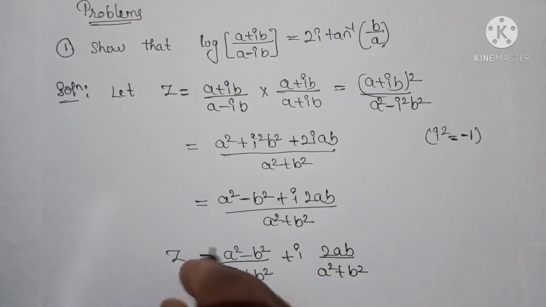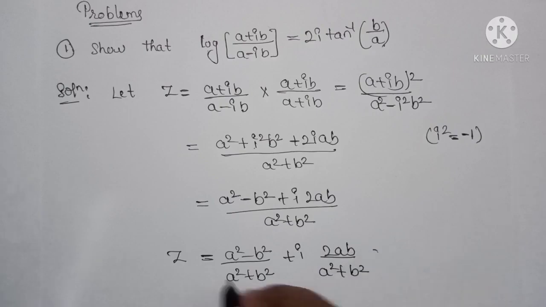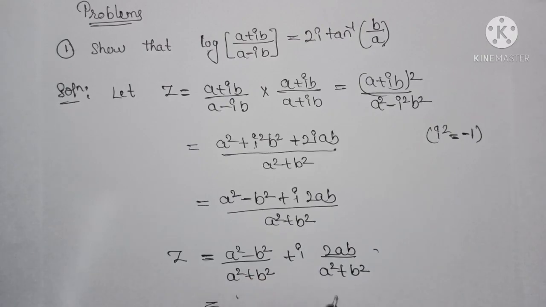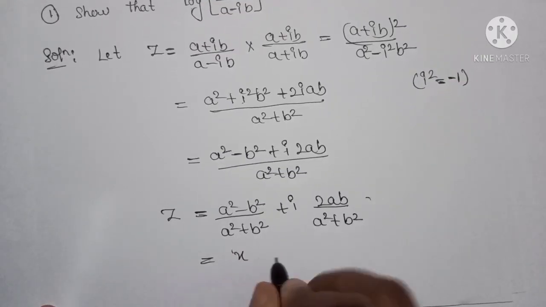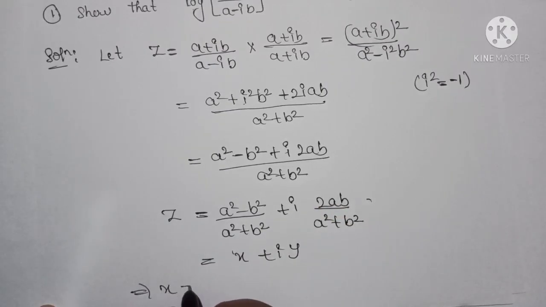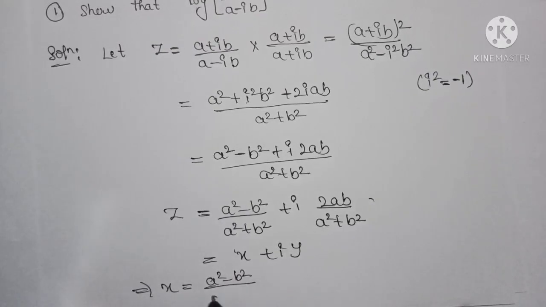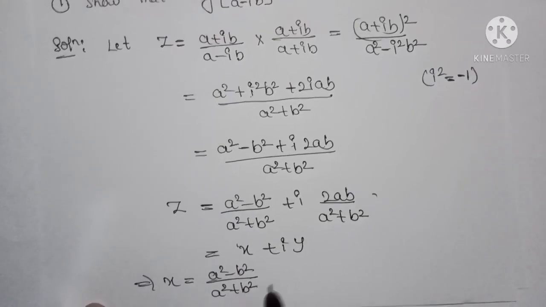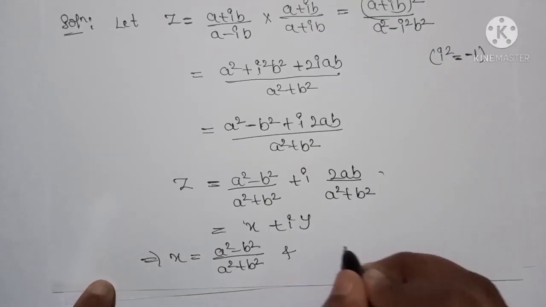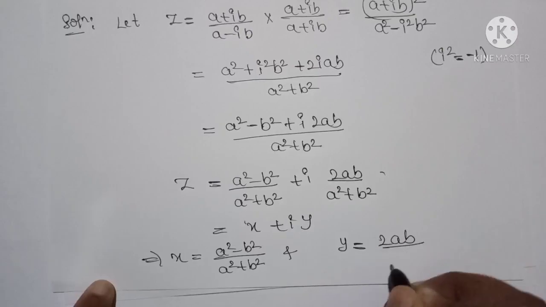So we can represent the given complex number in x plus iy form, where x equals a square minus b square divided by a square plus b square, and y, the imaginary part, is 2ab divided by a square plus b square.